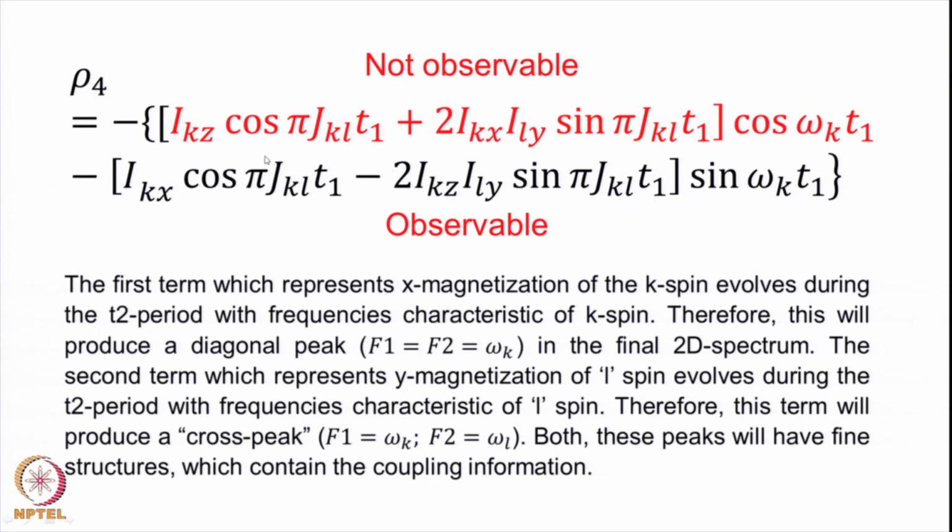Let us look at these individual terms. So you see this one is Z magnetization of the K spin, and this is a mixture of double quantum and 0 quantum coherences, and this is the X magnetization of the K spin. Now this one here is the L magnetization, the Y magnetization of the L spin, which is antiphase with respect to K. Therefore you see the second 90-degree X pulse has caused a coherence transfer from the K spin to the L spin.